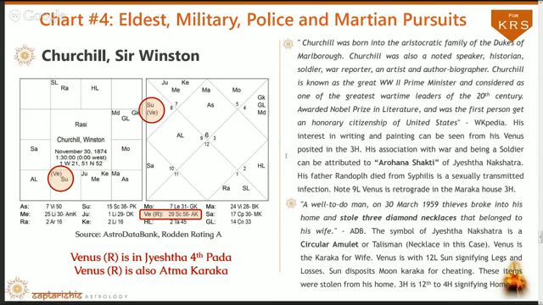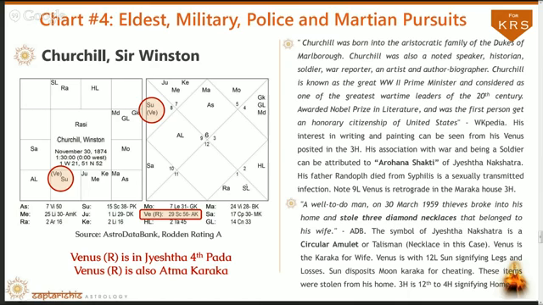So now here what I want to show you is his 9th lord, which is Venus, sitting in the 3rd house, similar to Salman Khan's situation. It is sitting in the Maraka Sthana for his father, which is 7th from 9th.